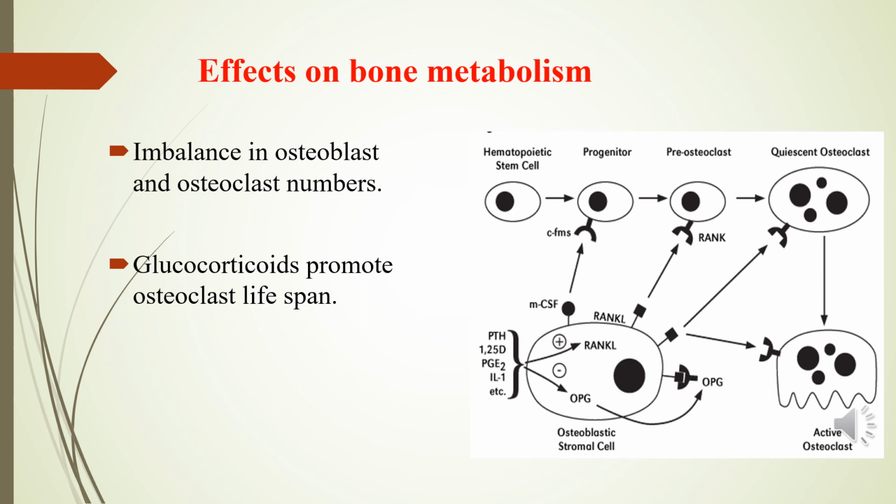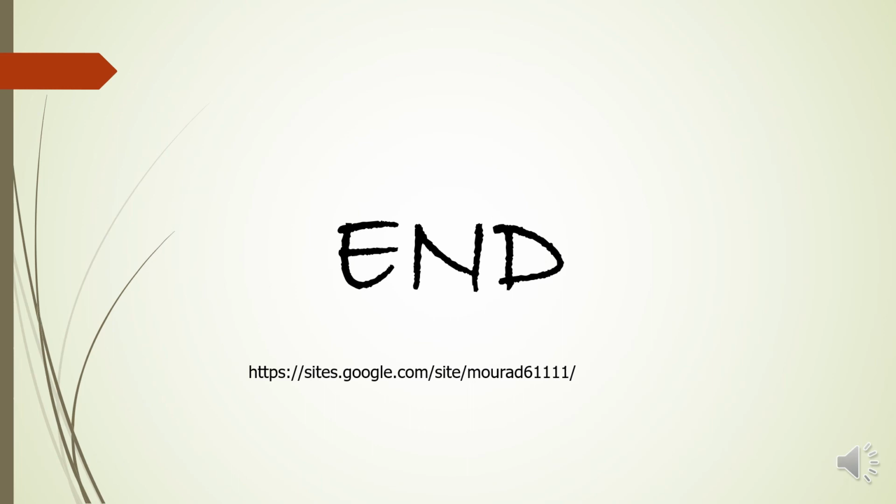Whereas excess glucocorticoids reduce both osteoclast and osteoblast precursors, glucocorticoids promote osteoclast lifespan without affecting their number, and this will sequentially lead to increased bone turnover. And this is going to be discussed in detail later. And you can find this lecture and other relevant information about this topic in the site shown below.